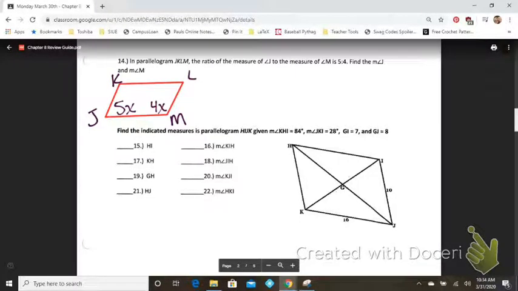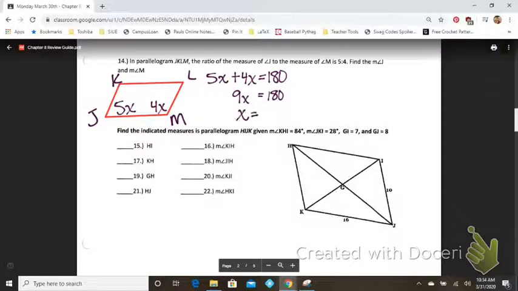But this also allows us to set up an equation. We know that 5x plus 4x must equal 180 because, again, they're consecutive angles. They're right next to each other. They have to be supplementary. We can combine like terms and solve this pretty quickly.